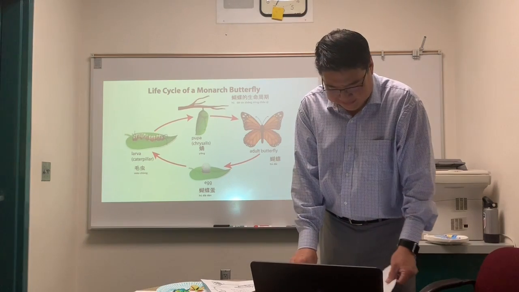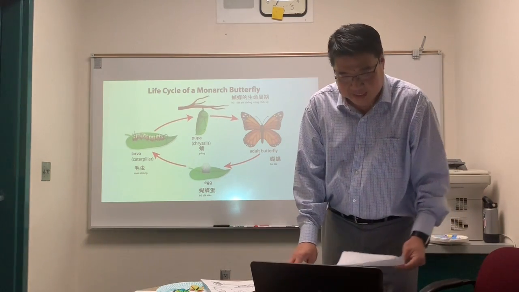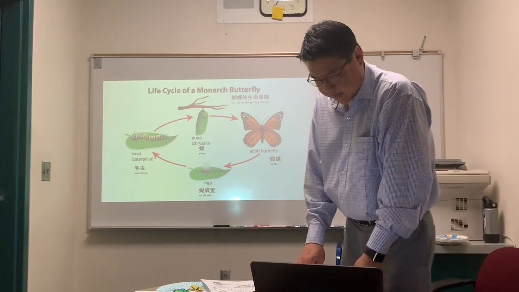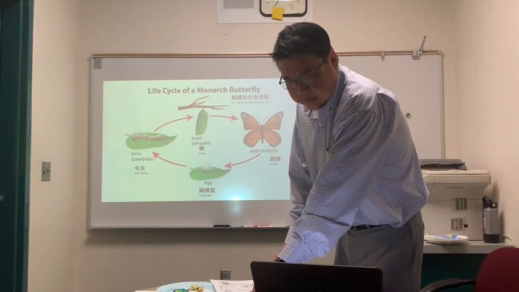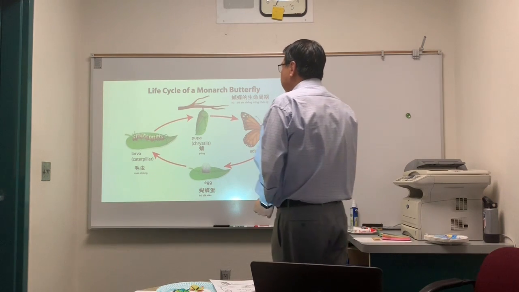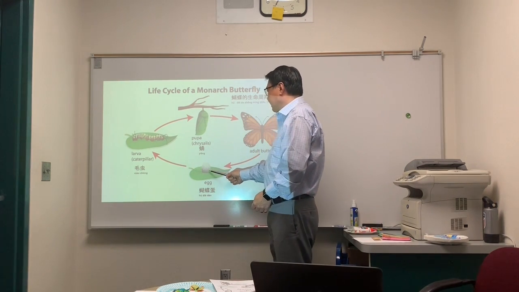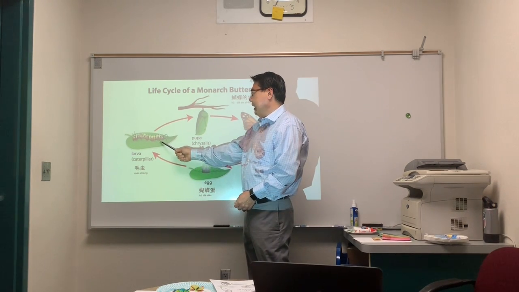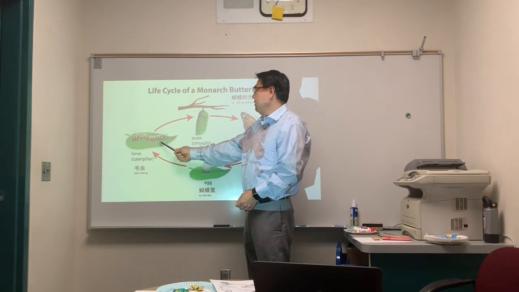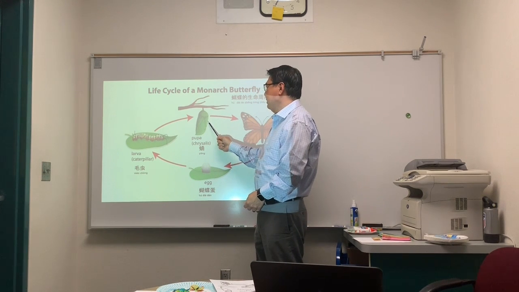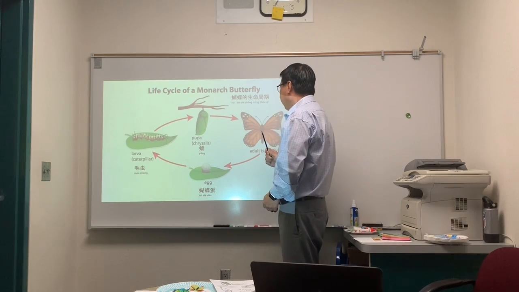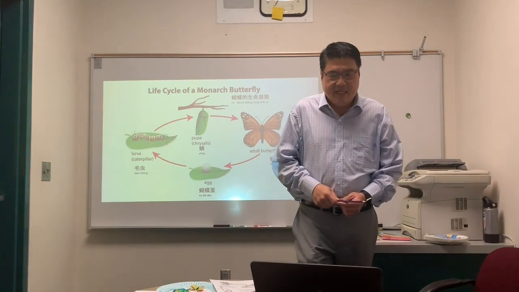So with that done, remember, the butterfly comes from the eggs, and then it hatches into a caterpillar, and then it turns into a chrysalis, and it turns into an adult butterfly.